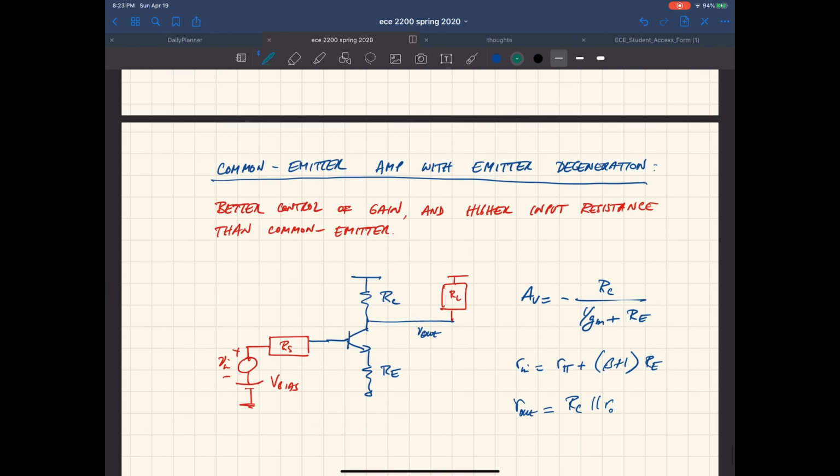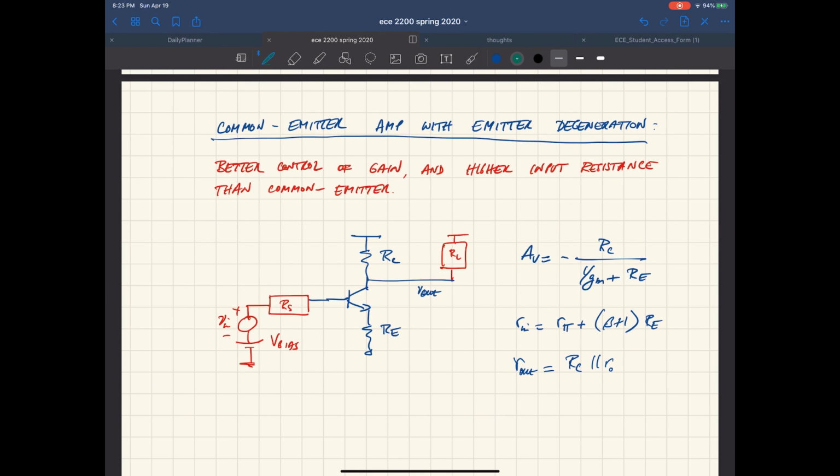It had some problems, and so we solved that with the common emitter amp with emitter degeneration. This gives us better control of the gain and higher input resistance than the common emitter amp. Okay, and so it looks like this. The difference is we put this emitter resistor in the emitter. Otherwise, it looks like the common emitter amp.